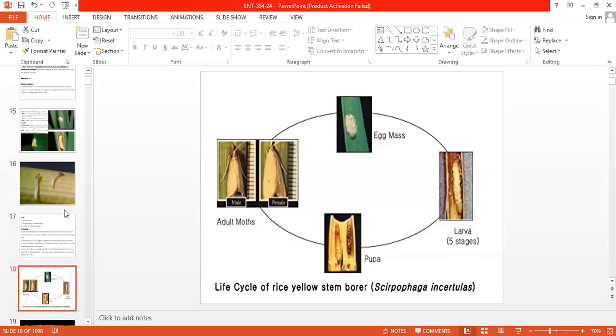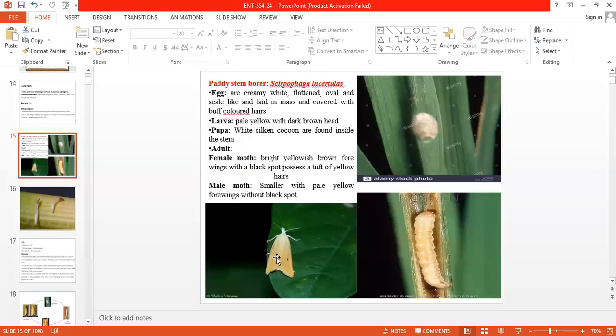Then the fourth stage is the adult, with female moth and male moth. The female is bright yellowish brown in color, with bright yellowish brown forewings with black spots.